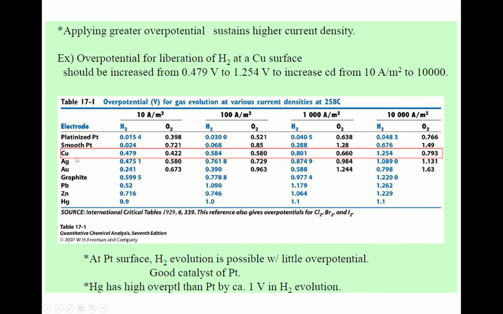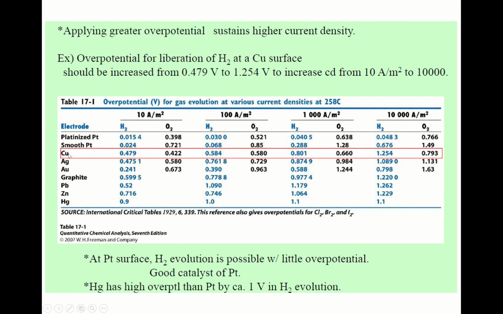the point here is that there are a lot of different electrodes here, and the question is how much potential you have to apply to produce hydrogen gas or oxygen gas at these different materials.